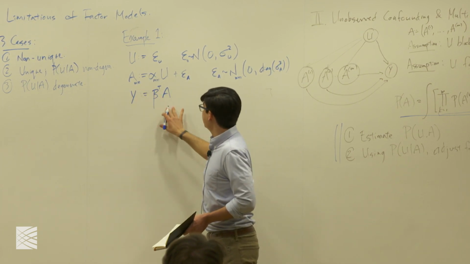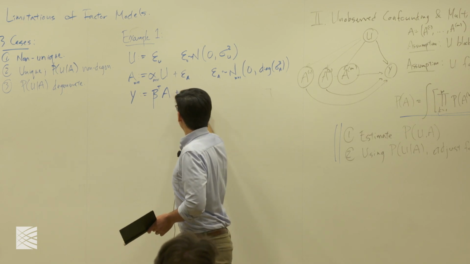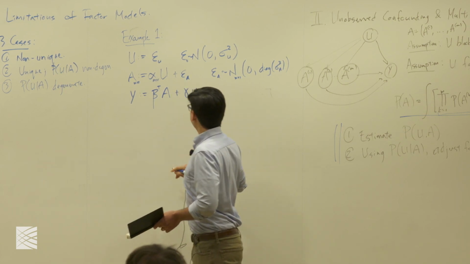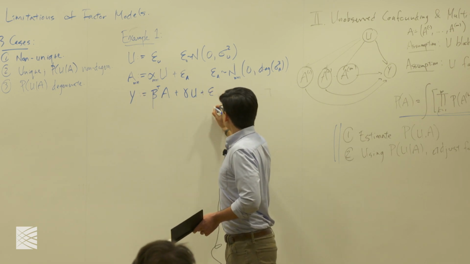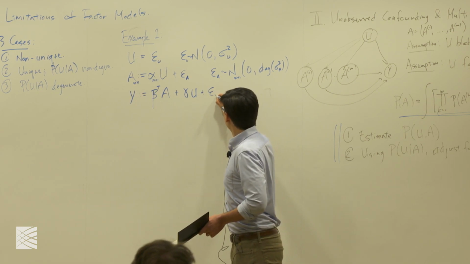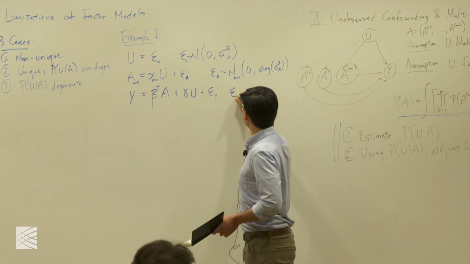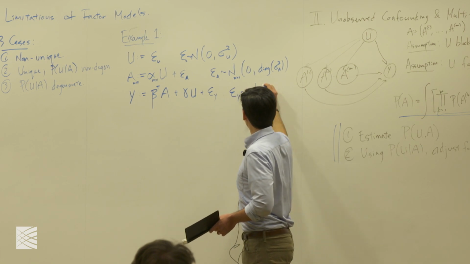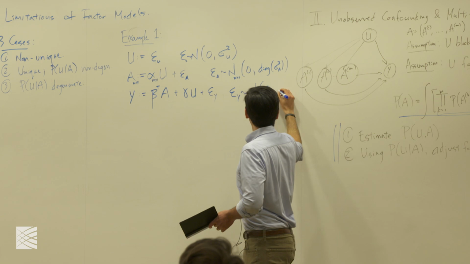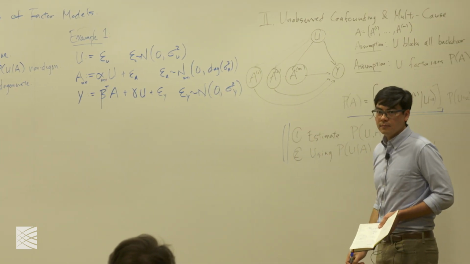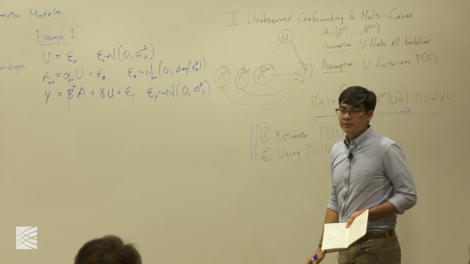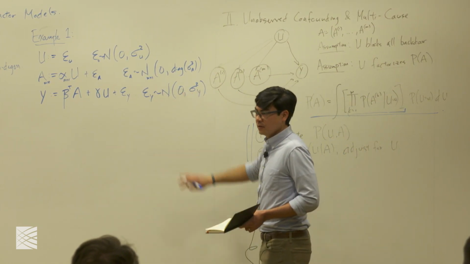It's going to be a linear combination of our causes plus a linear contribution from our unobserved confounder plus some residual noise. And again, this is just going to be independent Gaussian noise with some sigma squared y. All right, so is this fair enough?